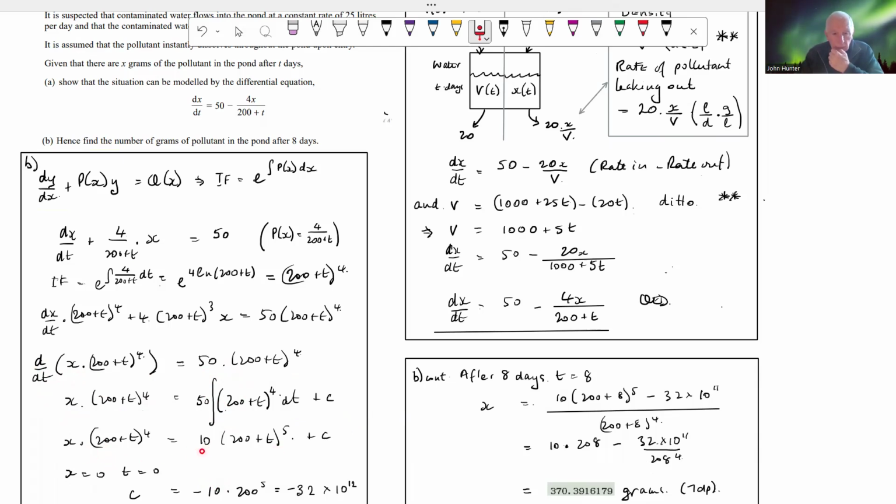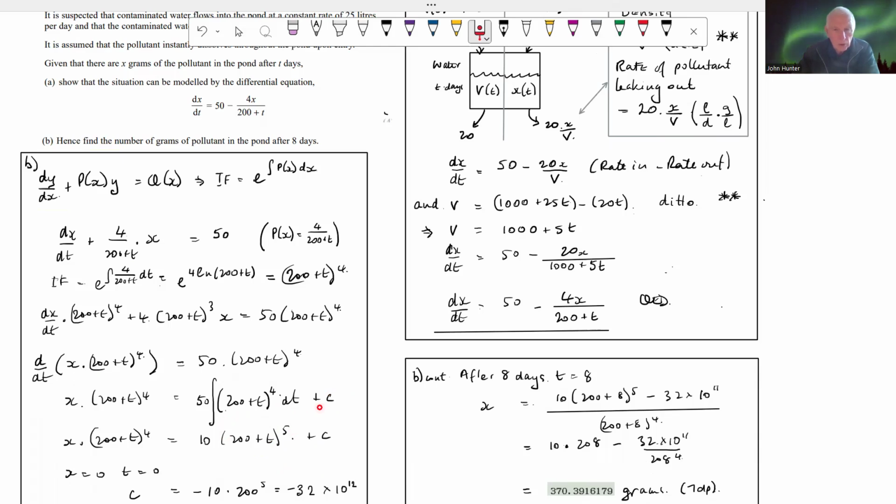That simplifies to this essentially. Again, that's just the power rule. We can do a substitution, u equals 200 plus t, but there's not much advantage in doing that. So that's what we got, plus our constant of integration, of course.